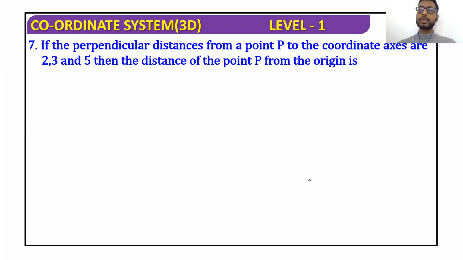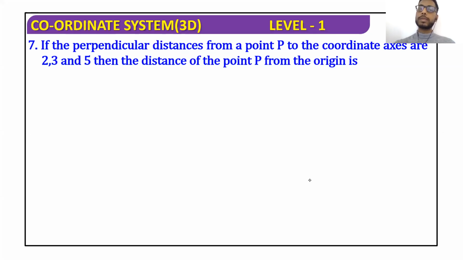The answer is no. You can't get each individual value of x, y, and z. There is some other condition which is also given to you. The other condition is that the perpendicular distances to the coordinate axes are 2, 3, and 5. So the perpendiculars are drawn to what? Coordinate axes. Coordinate axes means your x-axis, y-axis, and z-axis.